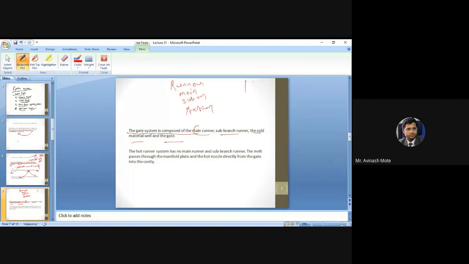So what is this? This is the main runner, a very simple thing. There will be sub runners, and then from these there will be activity runners.